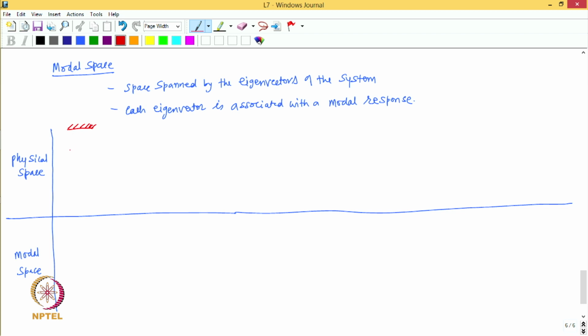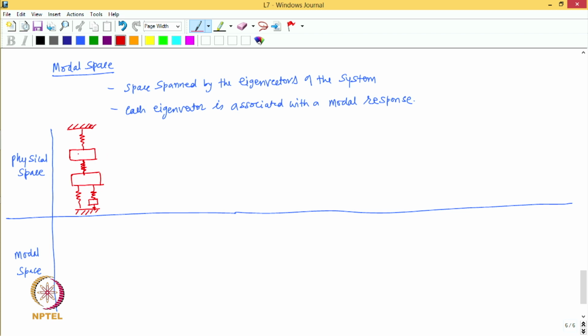Let us say we have a mass here, and then we have a spring here like this, and then we have another mass here, right, and then we have the spring here, another mass here and a spring here, right.